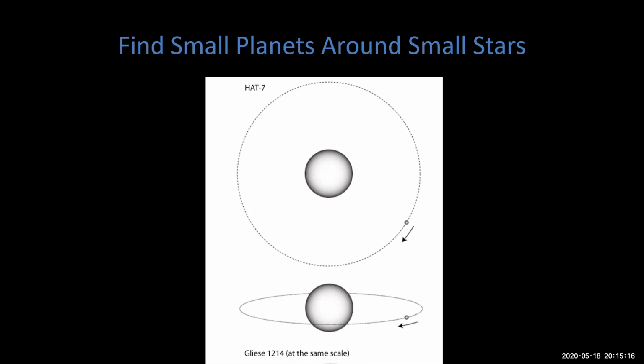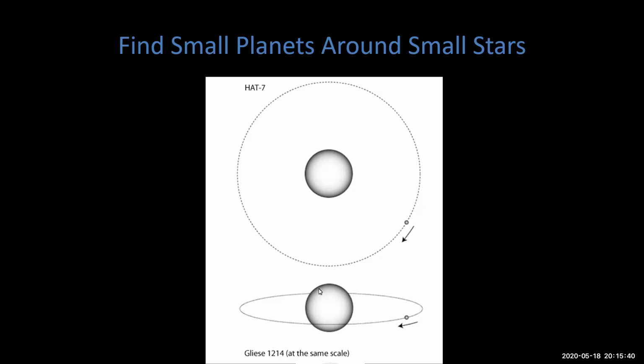So HAT 7 in this example could not be seen by an observer here on Earth, because the planet has to pass in front of the star in order for us to see that dimming of light. So the HAT 7 star, we would never be able to see that planet.